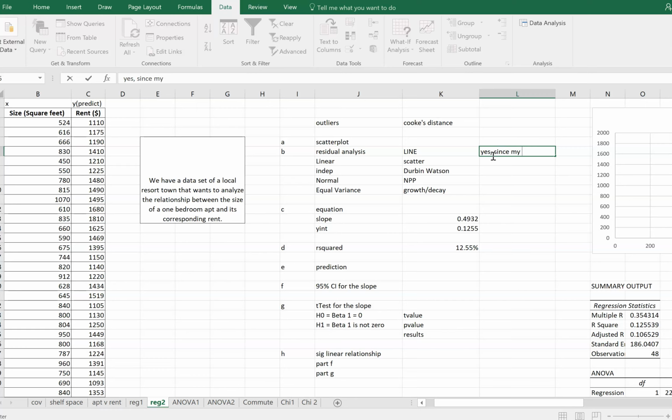Since my residual plot has no pattern, I'll check that out. That should have been down there, I apologize. If there was a pattern, I think my linearity would be violated, and I probably should do some nonlinear transformation or something of that nature.